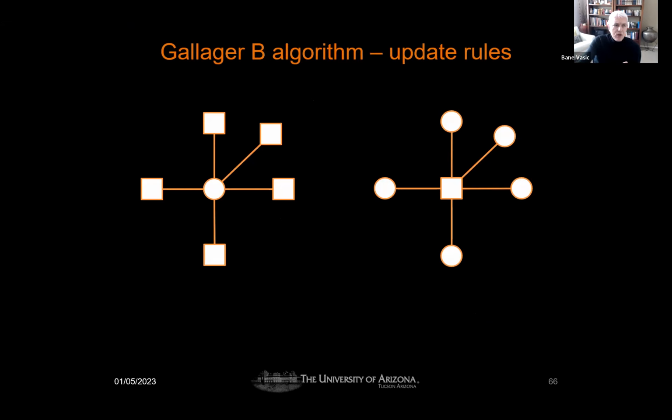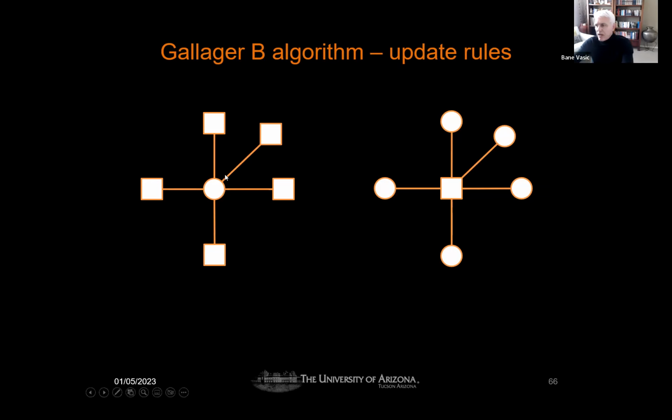And remember, we transmit bits. Some of these bits are flipped, and we compute parity checks. So what this algorithm does, it defines rules to transmit messages between variable nodes and check nodes. So the algorithm will be done by message passing. The algorithm will propagate messages between variable nodes and check nodes according to some rule.